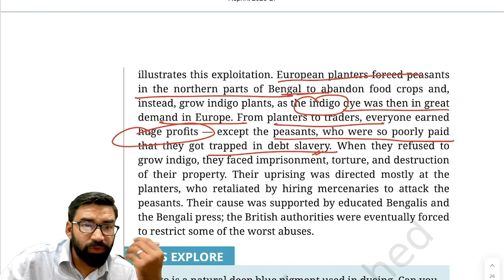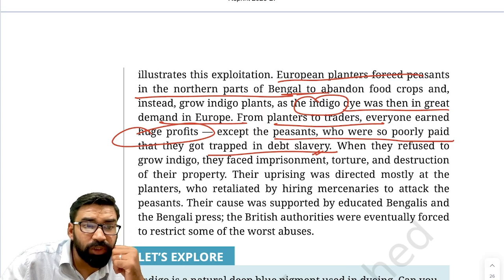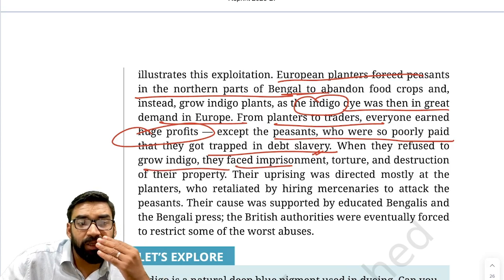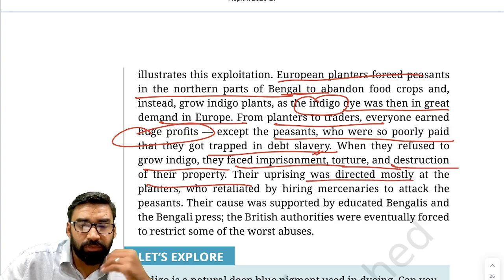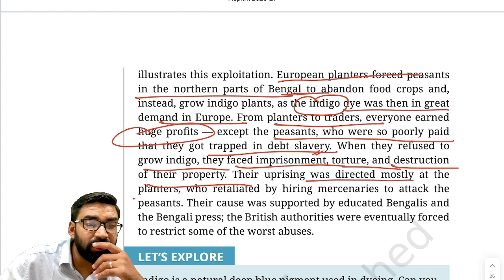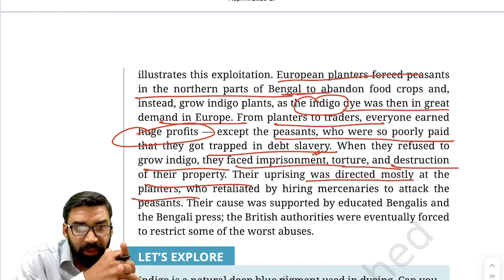Clear? So what was the British repression? When peasants refused to grow indigo, they faced imprisonment, torture and destruction of their property. So their uprising was directed mostly at the planters. This uprising was mostly against the European planters. Clear?